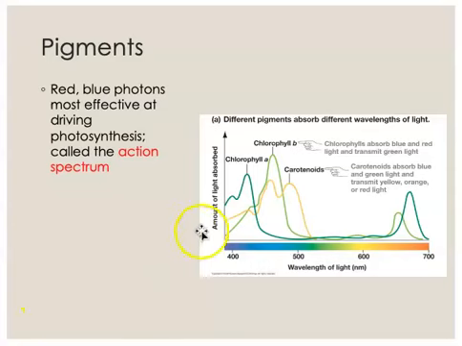So the dark green line represents a form of chlorophyll called chlorophyll A. You'll also notice a light green line that's labeled as chlorophyll B. And in fact, there are different forms of chlorophyll in organisms that are capable of doing photosynthesis. You can also see a yellow line on the graph that represents a different type of pigment molecule called a carotenoid. And we'll talk about carotenoids in just a minute.